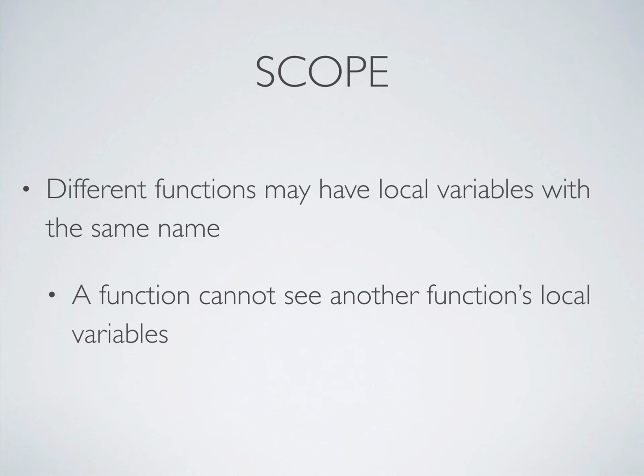If you make a variable inside of a function, let's say you name it value, and then I make another function, I can make another variable called value, and those are two completely different variables because they have different scopes. If the assignment statement happens inside of a function, that variable only lives in that function, and you might repeat that variable name in another function, but that's a completely different variable.